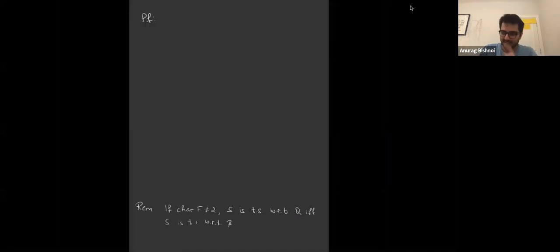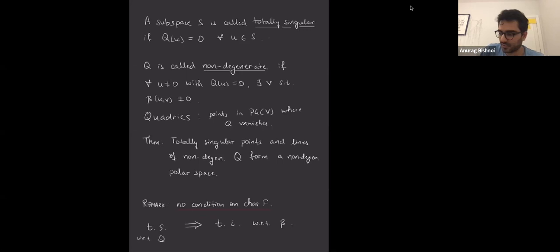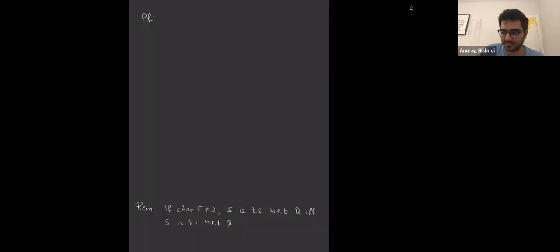Okay, and finally, a very important remark. If the characteristic of your underlying field is not 2, then these two objects are equivalent. A subspace is totally singular if and only if it's totally isotropic with respect to the bilinear form. Here it was only one direction, but if the characteristic is not 2, then it's true in both directions.